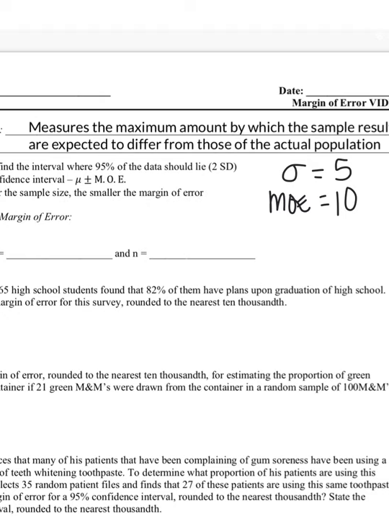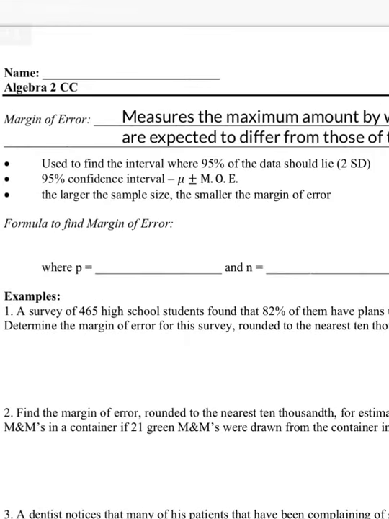However, you're not always given the number of standard deviations. So you need to know the formula to find that. So this is your margin of error formula. I might refer to it as MO.